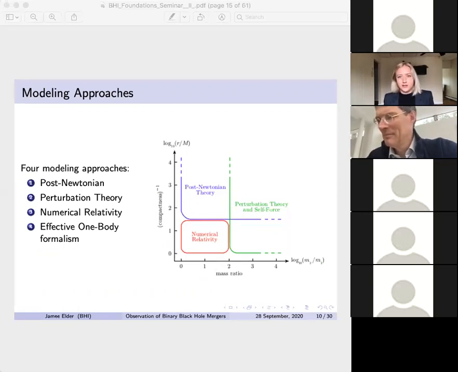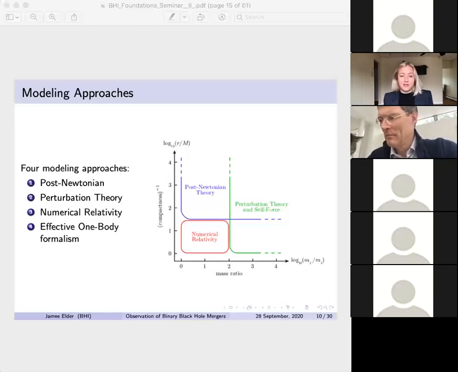And these are thought to be extremely accurate even for the plunge and merger, that is the very late stage of the merger, but they are of course extremely computationally expensive. So generating a 250,000 waveform template library from numerical relativity simulations alone is just not going to be on the cards.